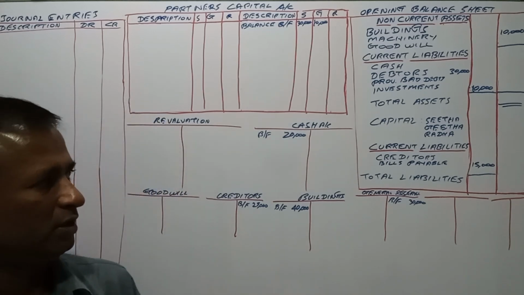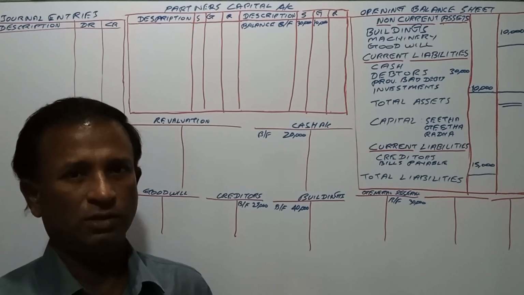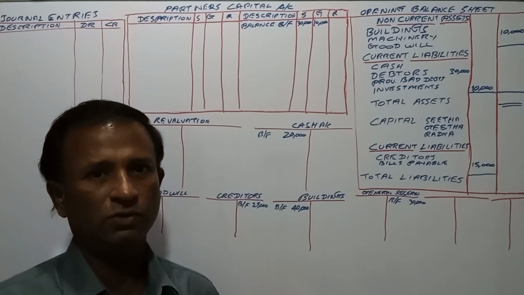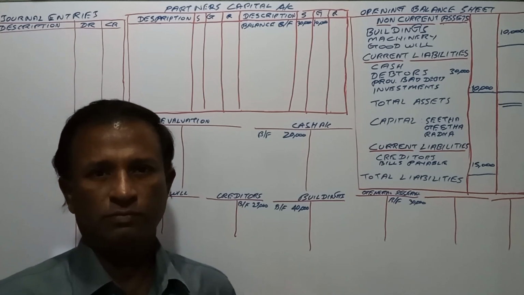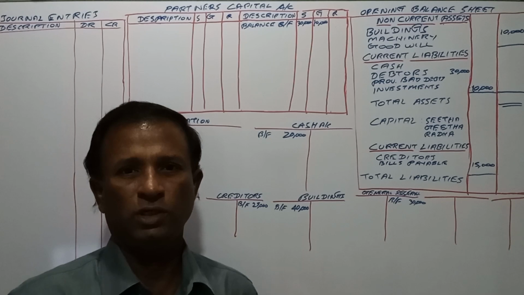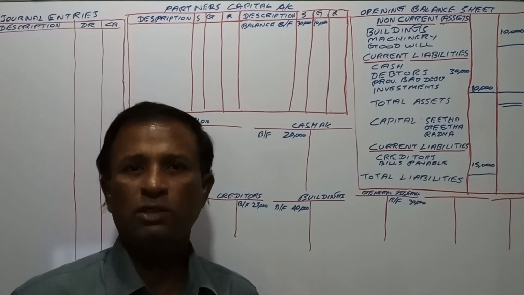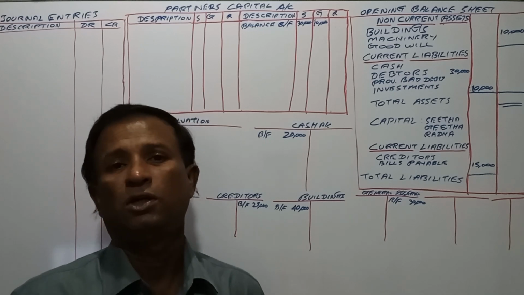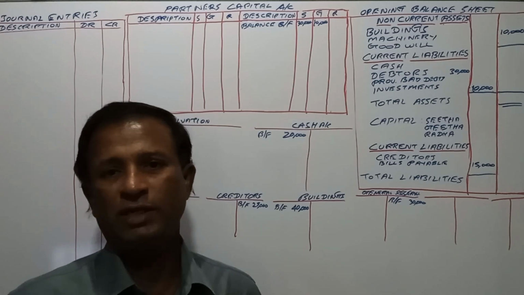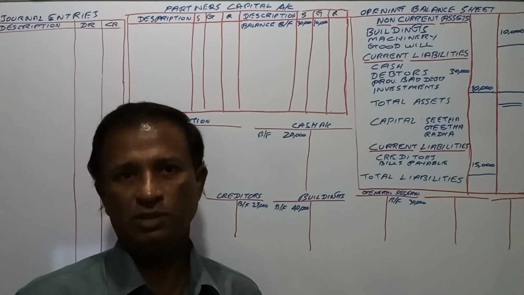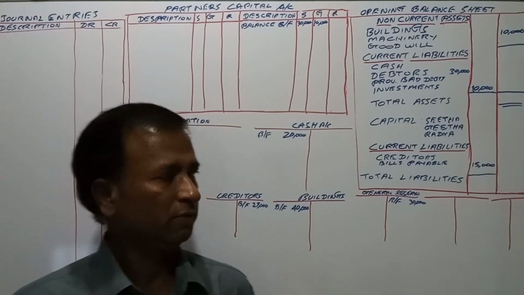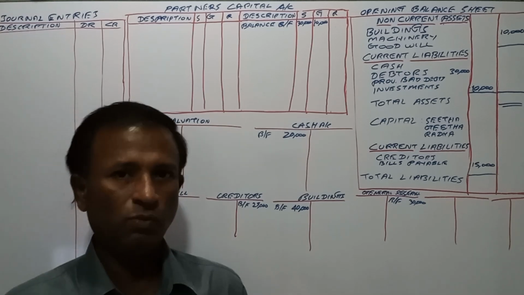That goodwill exists because the earlier partners would have done very hard work to create a situation where you can earn a lot of profits. They would have earned a lot of customers and retained those customers, and because of that they create goodwill when they are admitting a new partner.